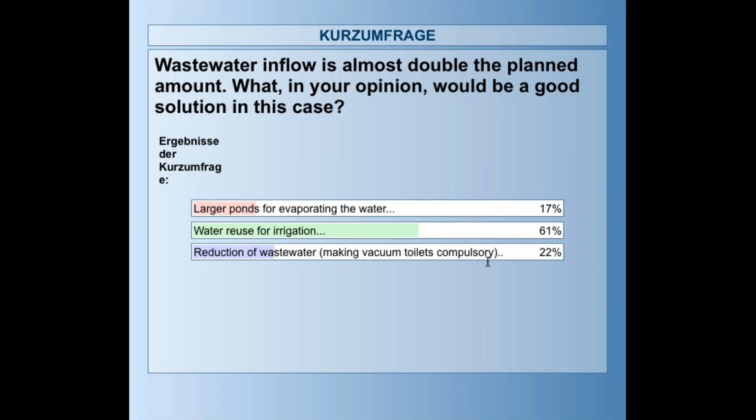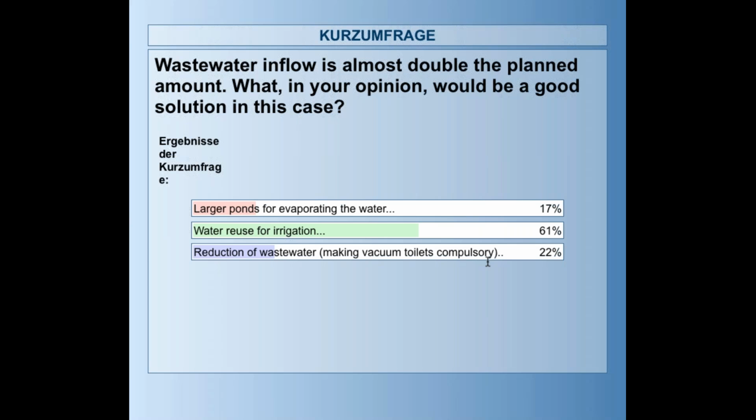And reduction of wastewater is actually a good idea. It's to look at the demand side and not always on the supply side. But to make vacuum toilets compulsory is a good idea, but it will take a long time. And probably in this case as well, you have to subsidize the households, which also will be a big investment. But thanks very much.